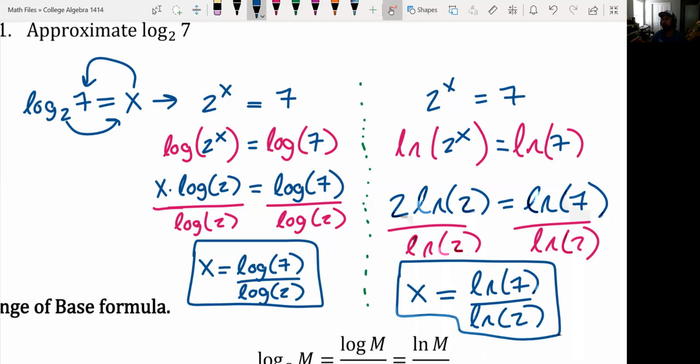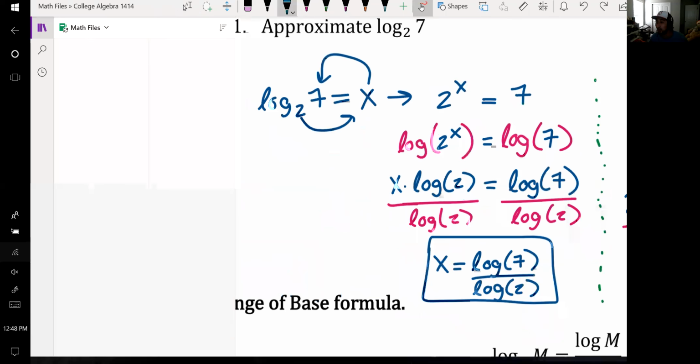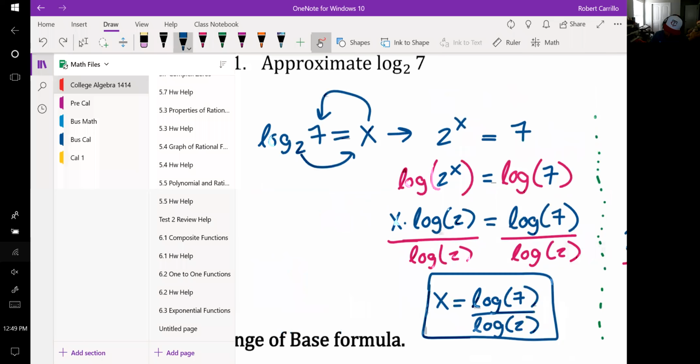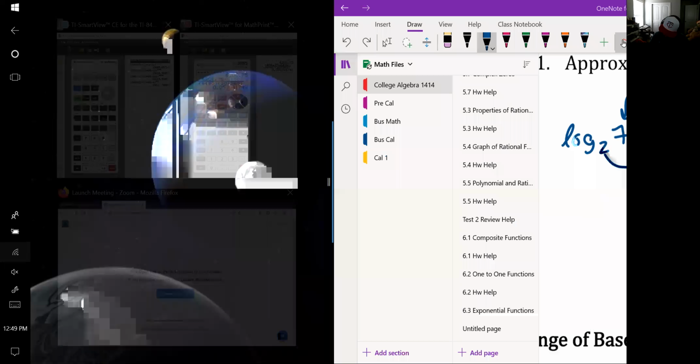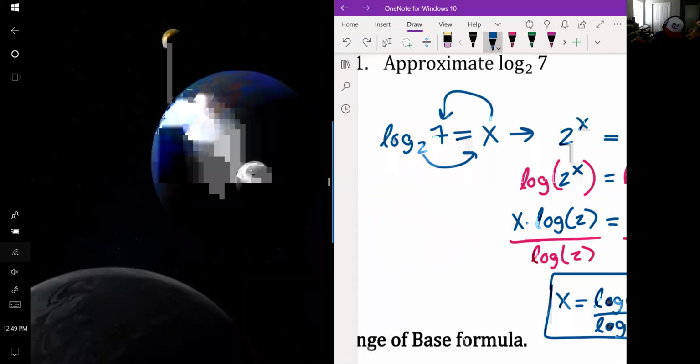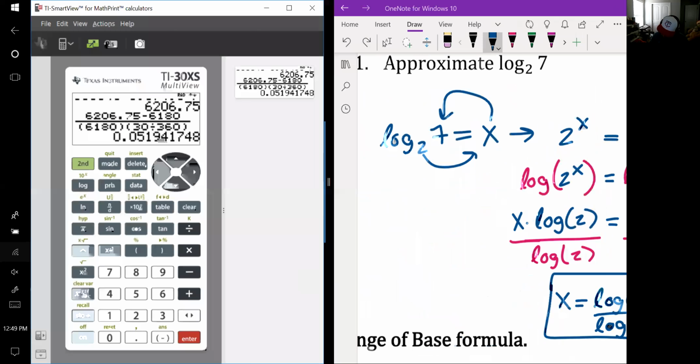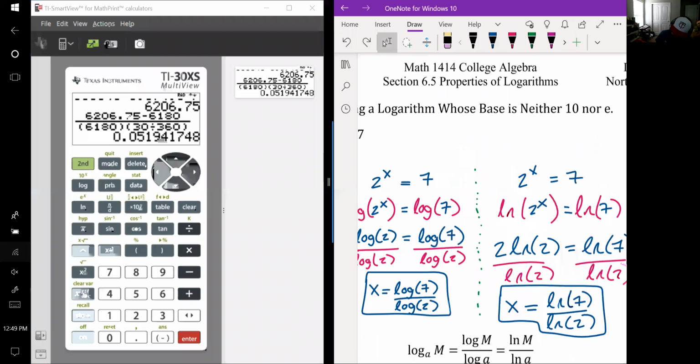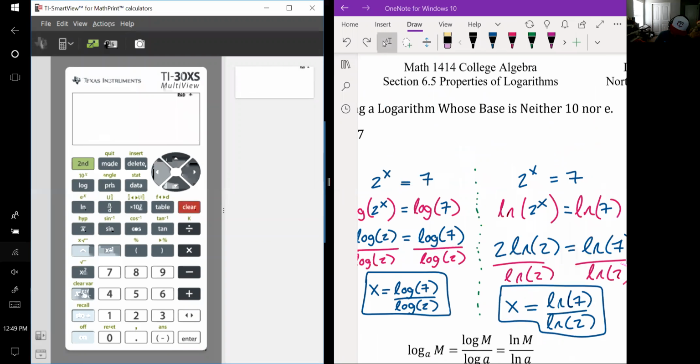And believe it or not, if you punch this in a calculator, whether using logs or natural logs, you're gonna get the same decimal number. I got time to show that, right? Okay, so I can say log 7 over log 2.